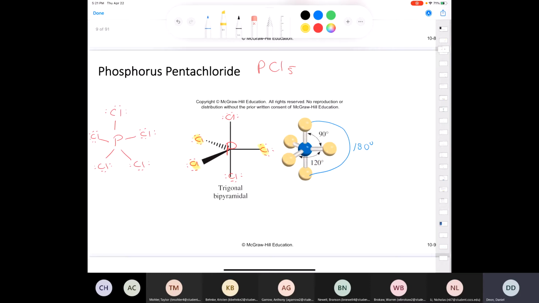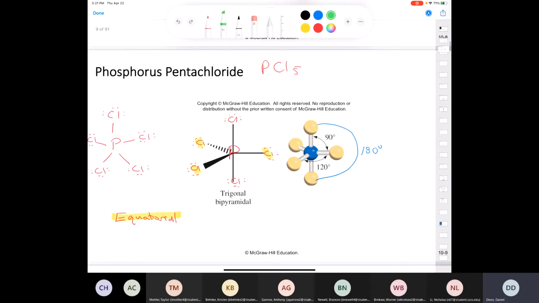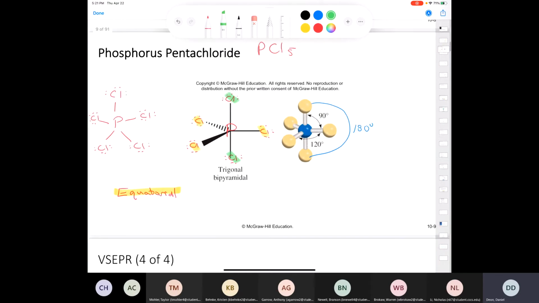These 3 positions, we call the equatorial positions, so I'll highlight that in yellow. And I'll highlight these 2 in green. We call these the axial positions. Okay, so axial and equatorial positions.